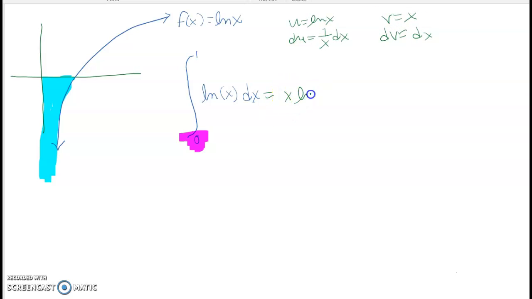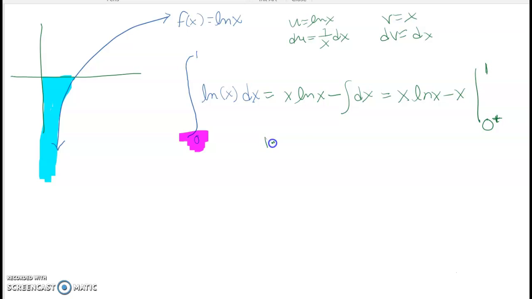So x ln x minus x times 1 over x is just 1, so dx. So it's x ln x minus x. There's my problem child, 0 from the right side to 1. Let's take a look at what happens.